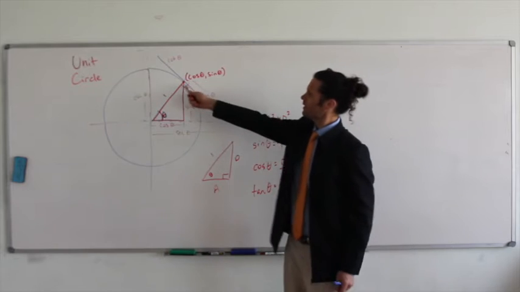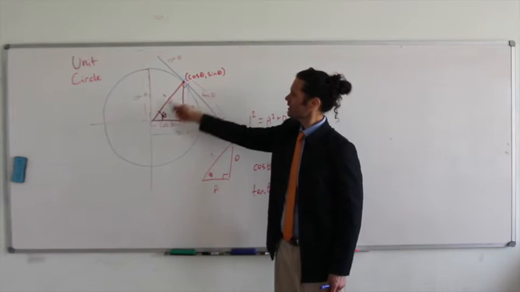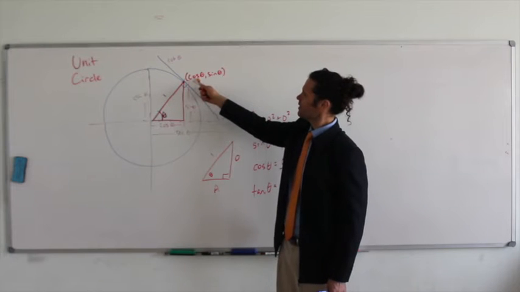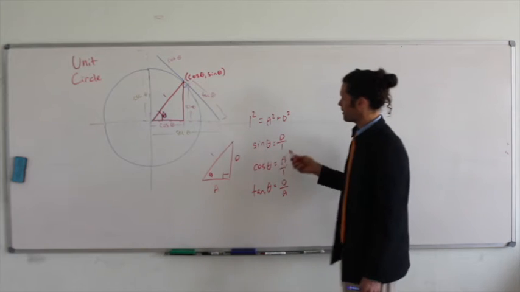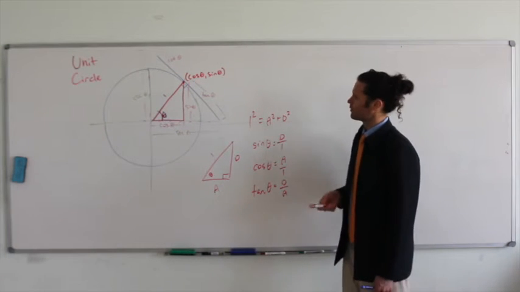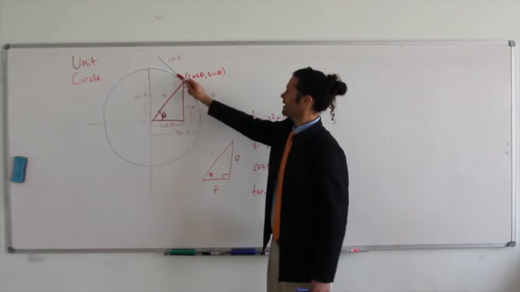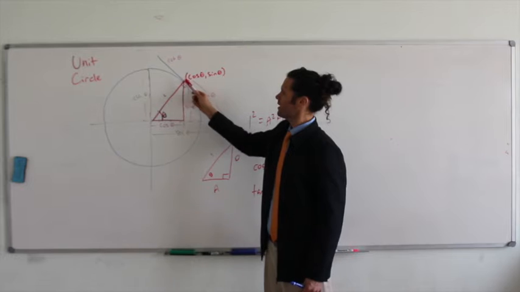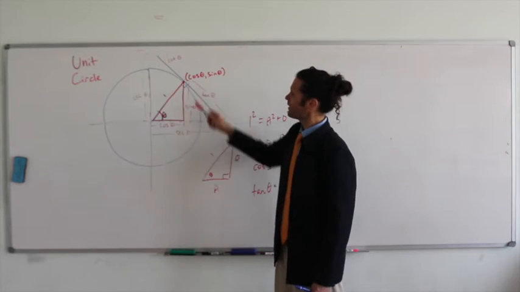And so this point on the circumference of the unit circle at the end of that radius is the ordered pair cosine theta, sine theta, because sine theta is opposite over 1, cosine is adjacent over 1. And then tangent, remember a tangent line forms a right angle with the radius at that point.